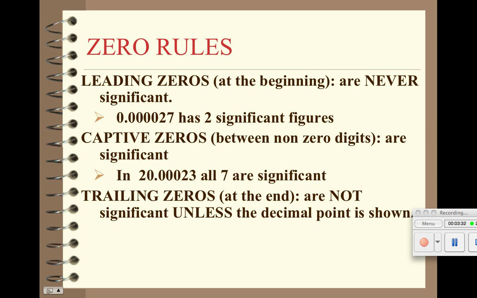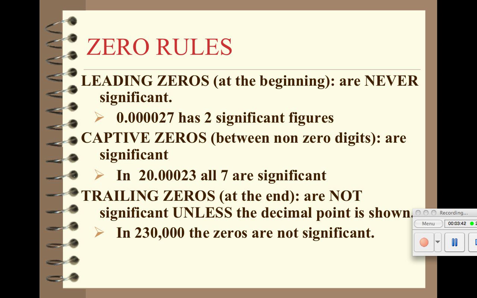And finally, trailing zeros at the end can sometimes be significant and sometimes not. They're not significant unless there's a decimal point. So in this last rule, this particular number, 230,000, these zeros would not be significant. This particular number has only two significant figures.